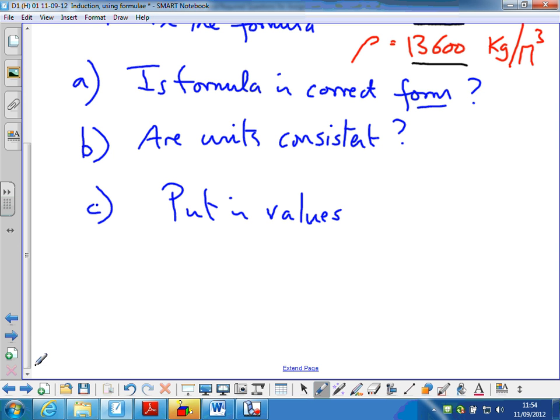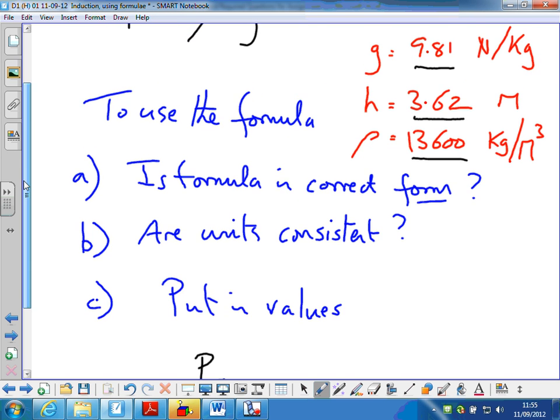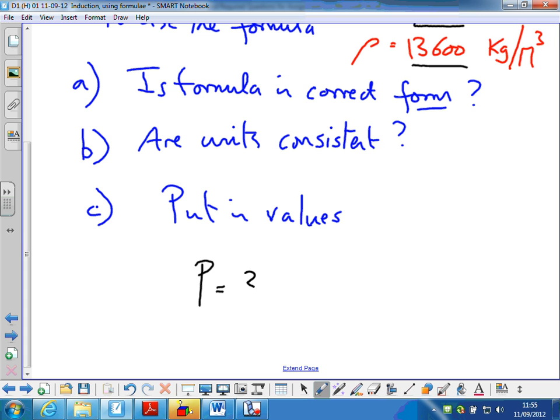If I was setting this out, I would now write the formula. I've done it at the top, so I'm not going to do it again. But then I would write P equals, what's h? It's 3.62 times density, which is 13,600, times gravity, which is 9.81.